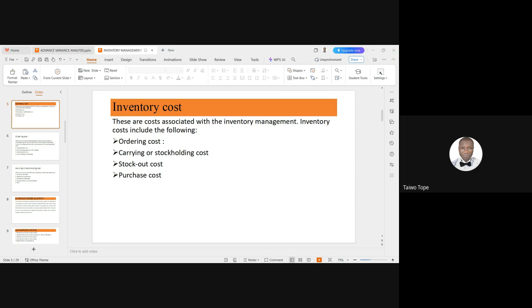So stock out costs, these are costs incurred. Let's write so that we'll see.